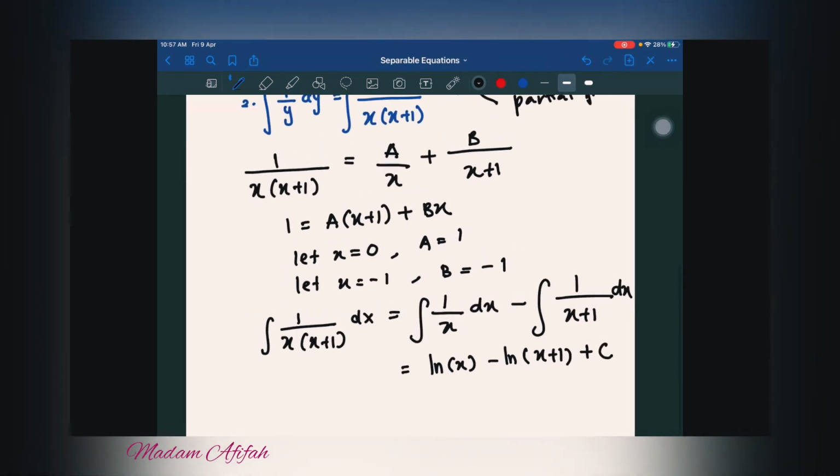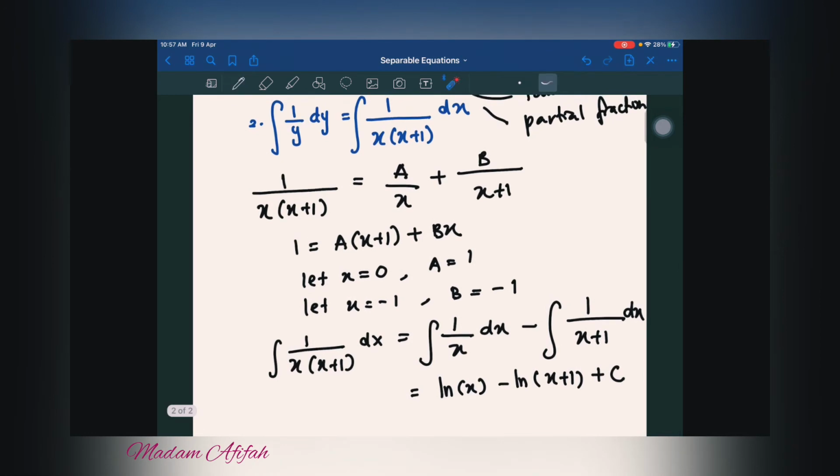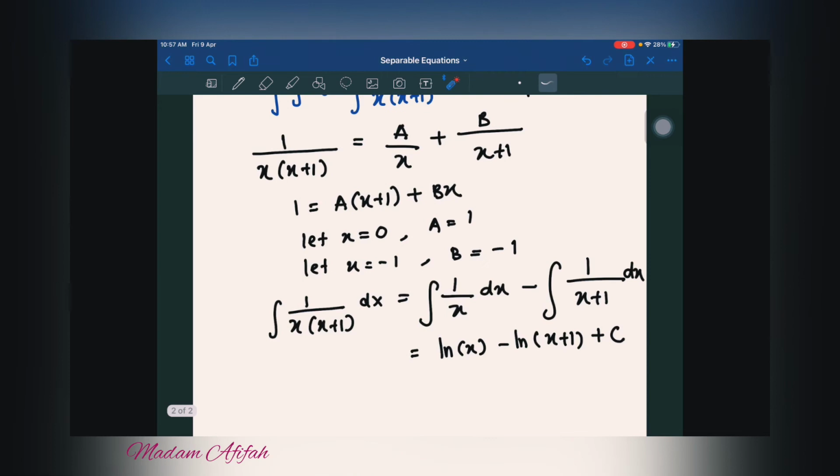Therefore, we combine the left hand side and the right hand side so that you will have ln y equals ln x minus ln (x plus 1) plus c. Remember, you need to add plus c, either on your left hand side or your right hand side.